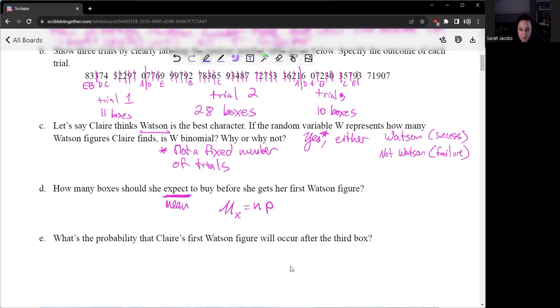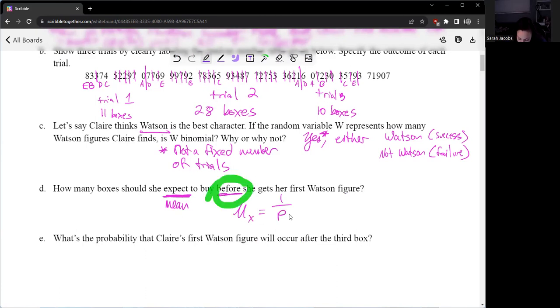Oh, excuse me, before, let's back that up. For a second, I was like, wait, where does the n come from? So this is still going to be a mean, but now this is going to be geometric. So this one, the mean, is going to be 1 over the probability.